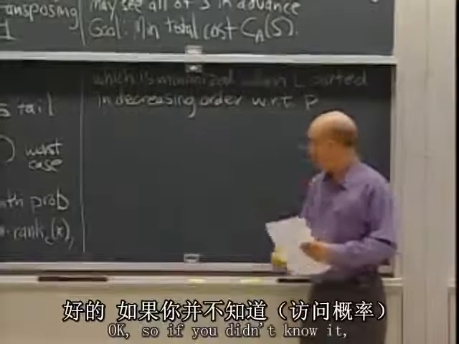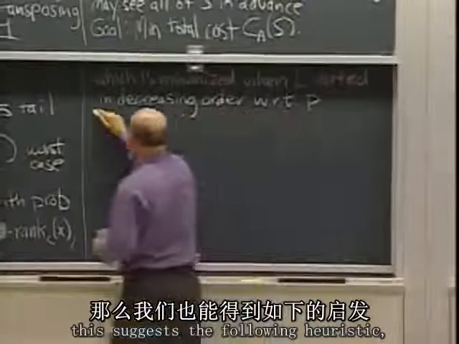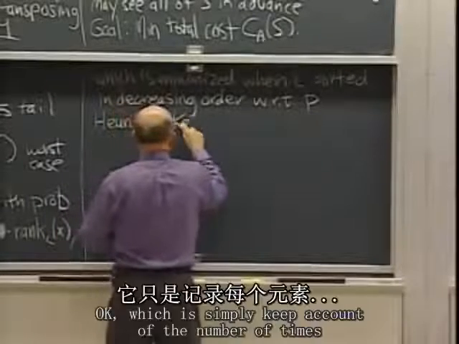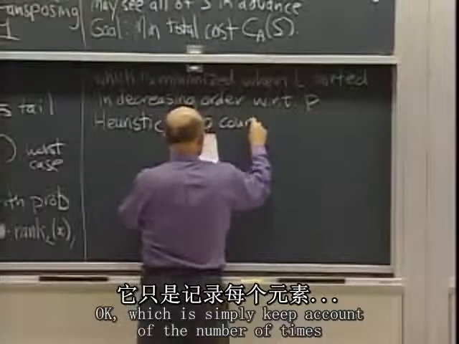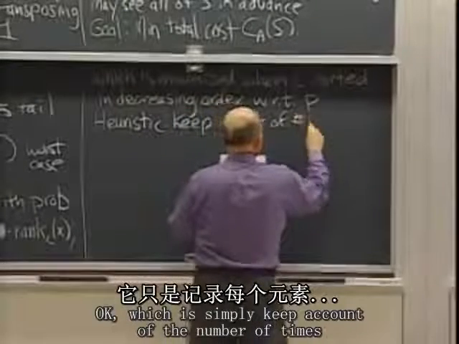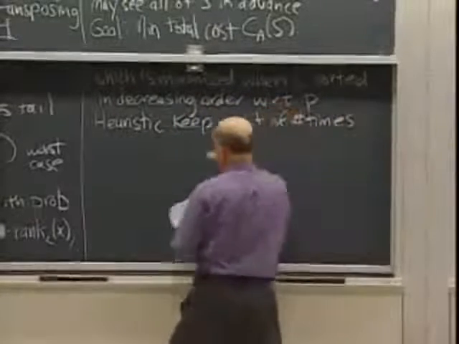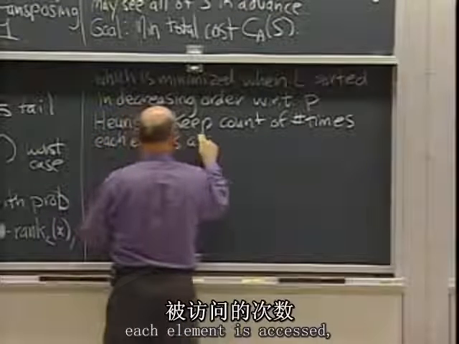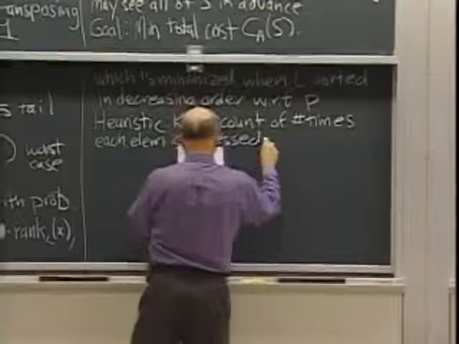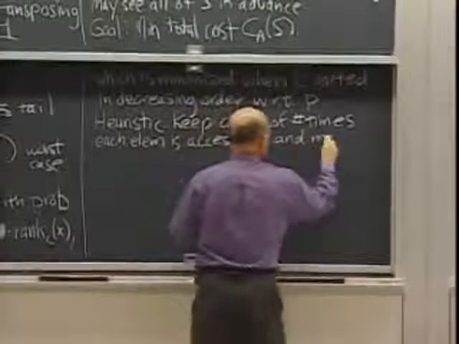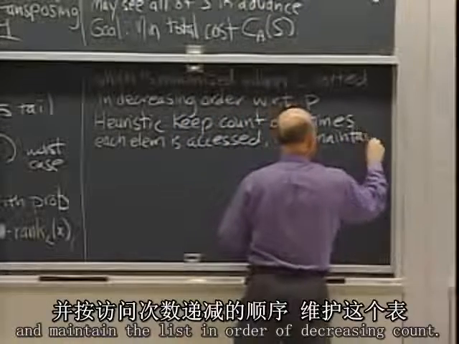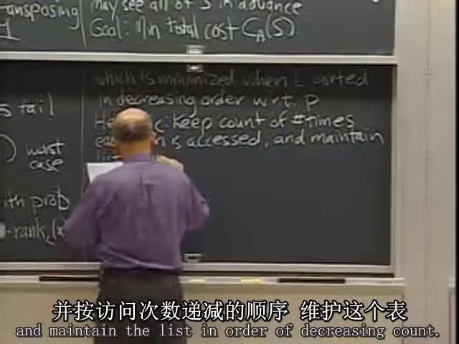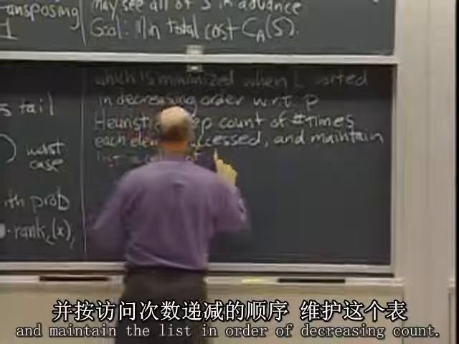Okay, so if you didn't know it, this suggests the following heuristic: simply keep a count of the number of times each element is accessed and maintain the list in order of decreasing count.